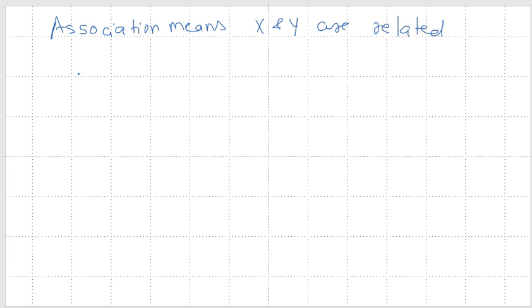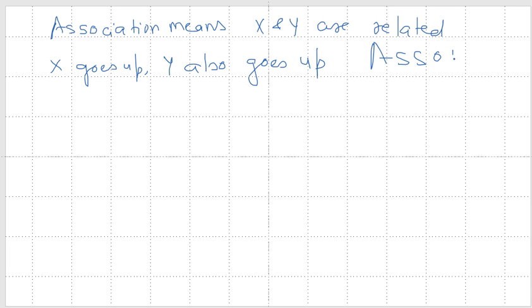Which means, as an example, if x goes up, y also goes up, I will say there's an association. If x goes down, y goes up, there's an association.